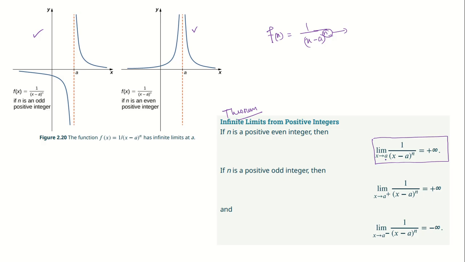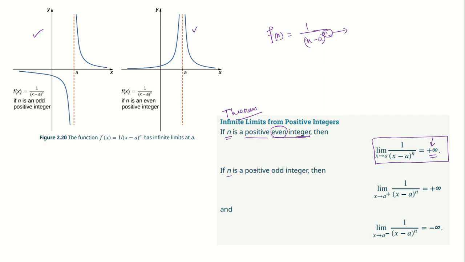When the limit as x approaches a of 1 over (x minus a) to the power n equals positive infinity, when n is a positive even integer. If n is a positive even integer, then we will have plus infinity.